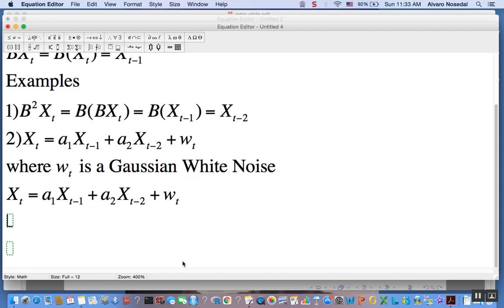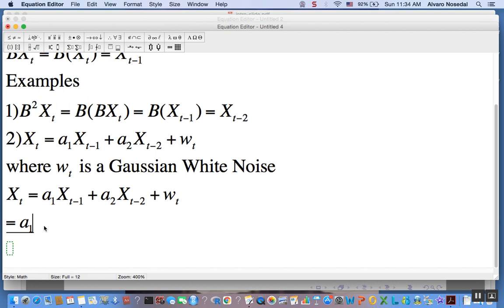Now what I would like to do is rewrite the right hand side of this equation using the backward shift operator. We know that this is going to be the same as a sub 1, and this one here, x at t minus 1, is the same as B applied to xt.